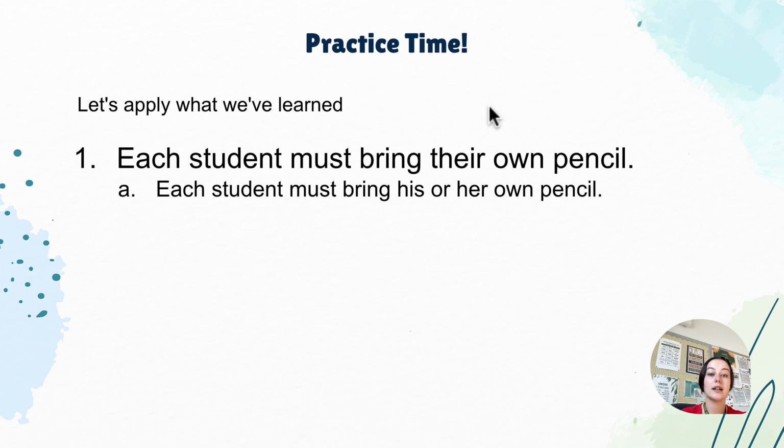That is because there is a plural possessive, meaning the antecedent must also be plural. However, it's not the students must bring their own pencils. It's each student. Therefore, since it's singular, the pronoun that goes after this antecedent must agree. So, each student must bring his or her own pencil.